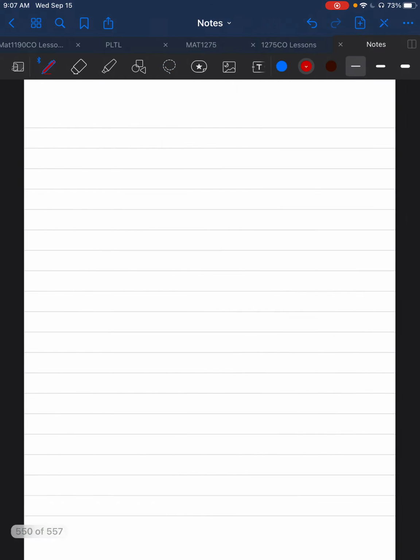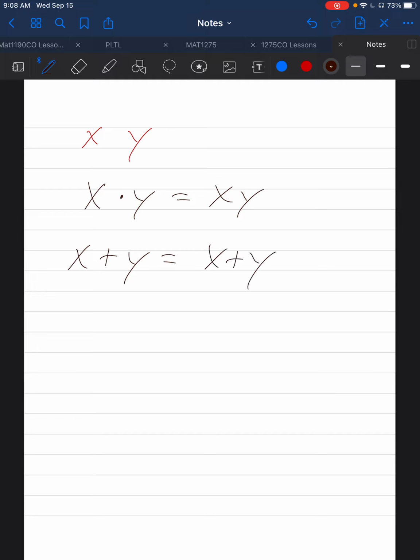Think of x and y as two different variables, right? Algebra and the rule of like terms allows us to multiply x times y to get xy, but the rule of algebra does not allow us to add x plus y together in any capacity, so you just get x plus y.